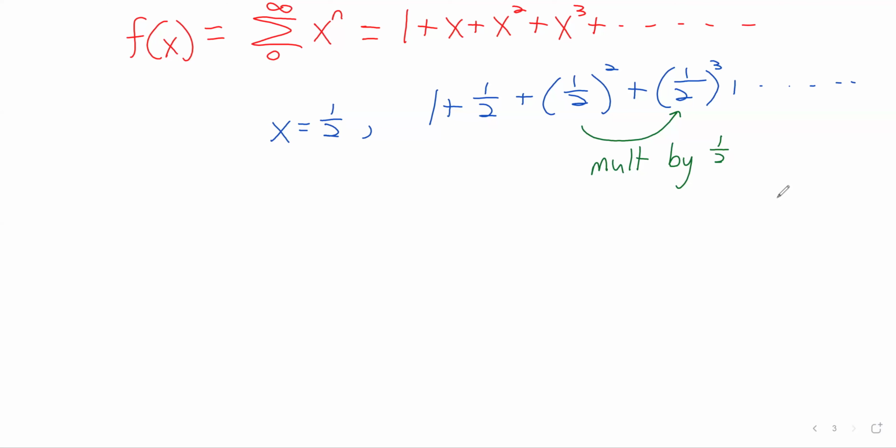We're multiplying by 1/2. This is a geometric series that starts at 1 and has an R of 1/2. This is a convergent geometric series, and the reason it converges is that the radius R is less than 1.